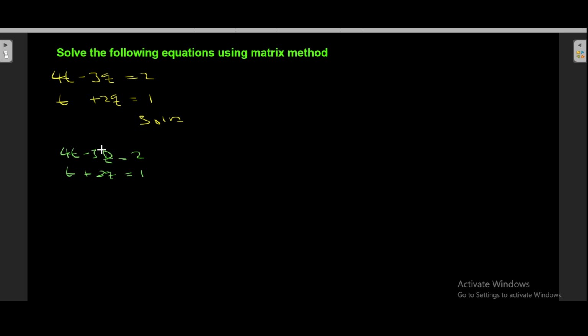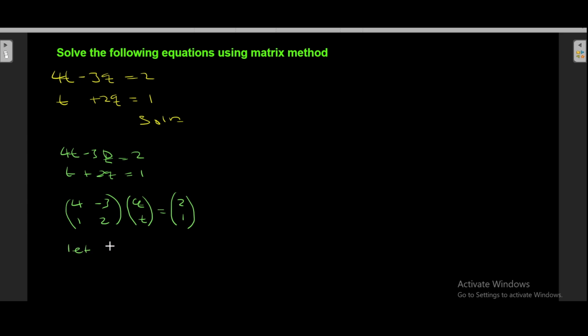I'll take out all the coefficients and also the unknowns. That means I'll have 4, negative 3, 1 and 2. That one I'll take to be a matrix. This matrix I'll multiply with q and t, close the bracket, is equal to 2 and 1, close the bracket.